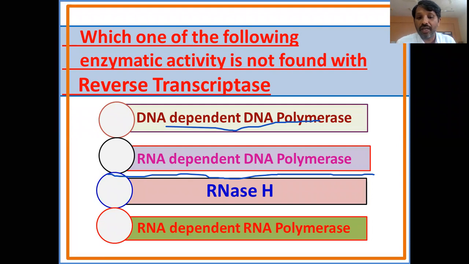That activity is called RNase H. And the last one, RNA dependent RNA polymerase, means the enzyme has the ability to synthesize RNA from RNA. So we have to find the wrong option among the four. If you go through the lecture completely, I'm pretty sure you will answer the question very confidently.